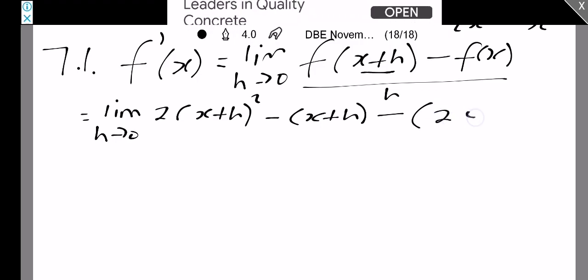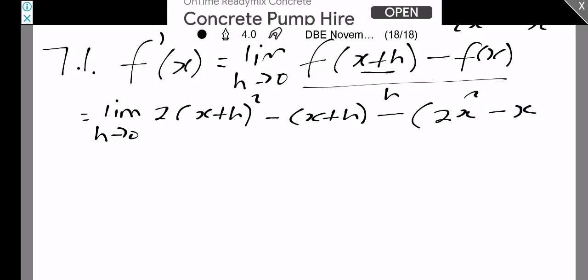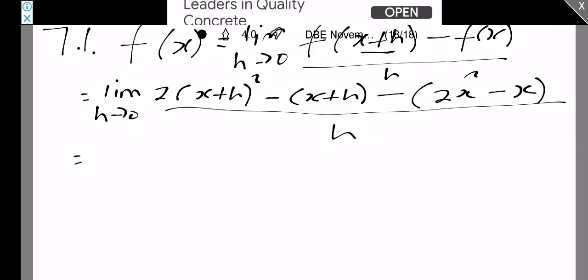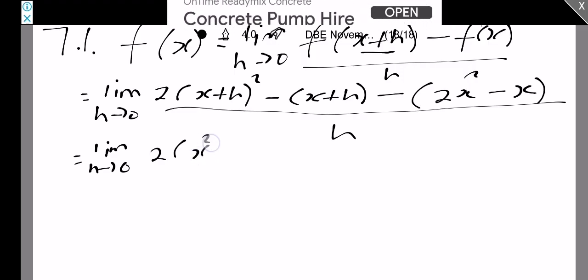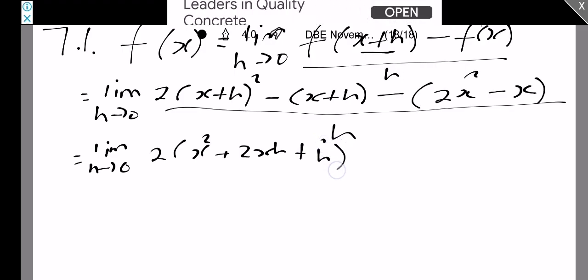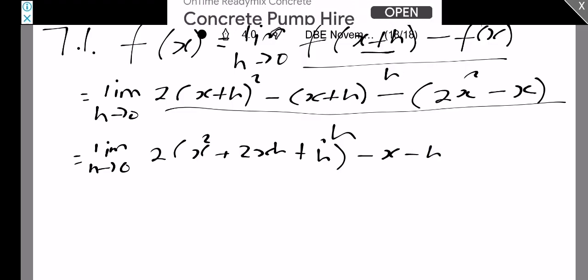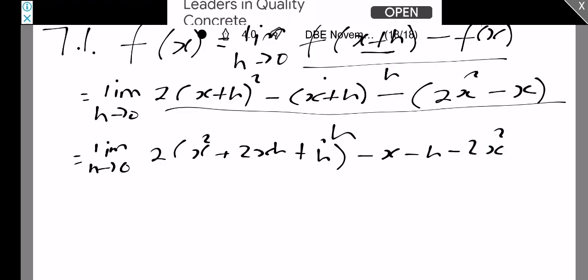Minus 2x squared minus x, all this over h. So it equals the limit when h approaches 0. Now remove the brackets. 2 into x squared plus 2xh plus h squared, then minus x minus h, then minus 2x squared plus x.